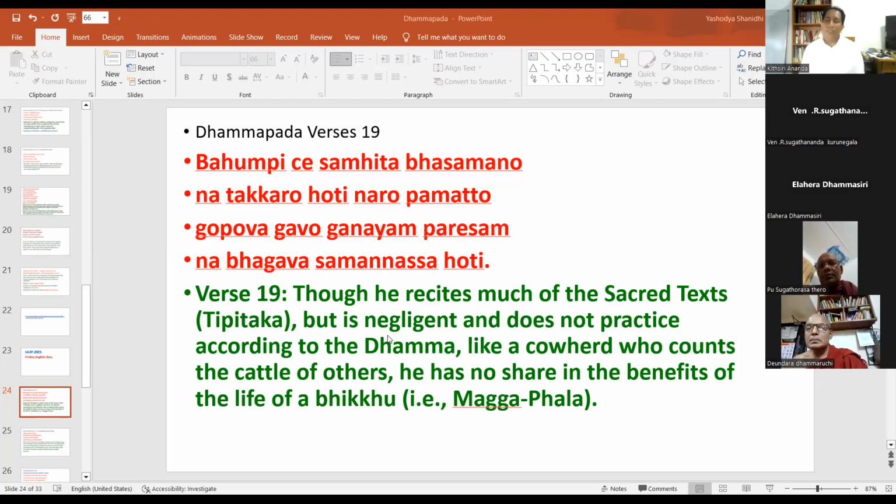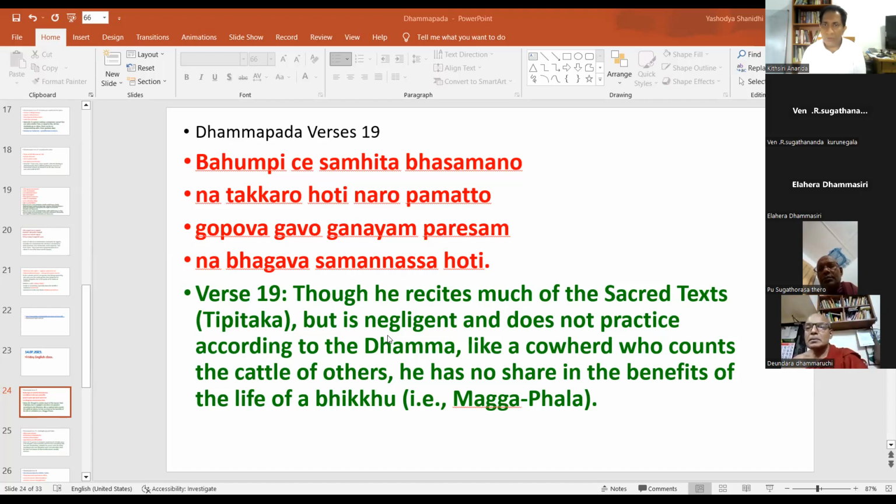If we don't adhere to any particular sort of practice of Dhamma, like a cowherd, he counts the cattle of others. A cowherd is the one who takes care of the cows of others. But he doesn't get milk, he doesn't get a lot of benefits, even though he takes care of the herd of cows.